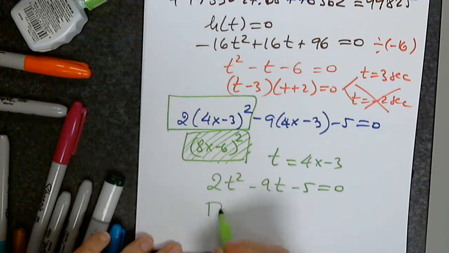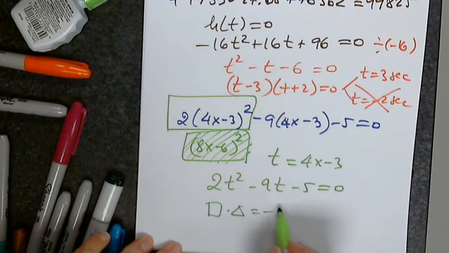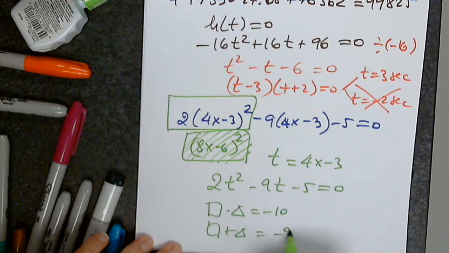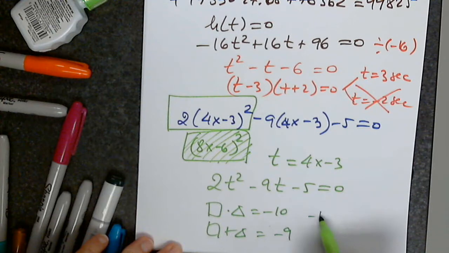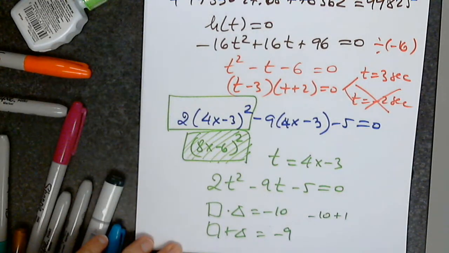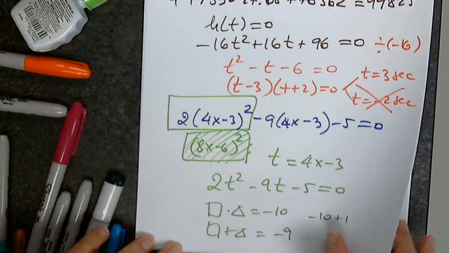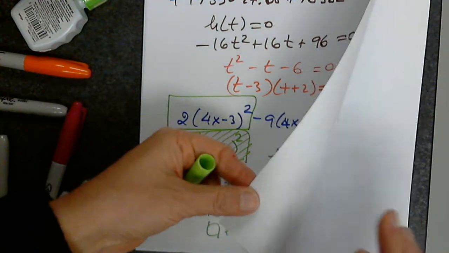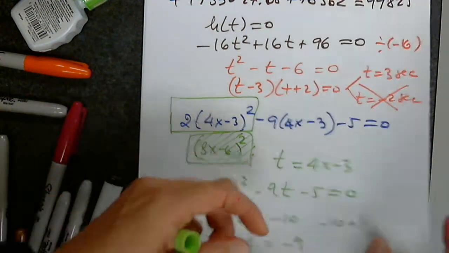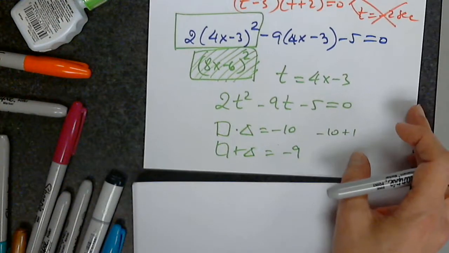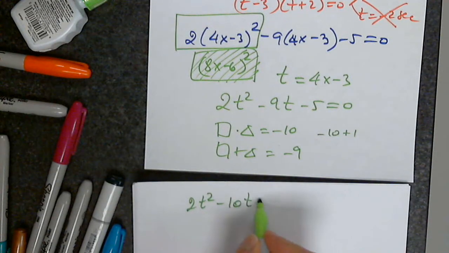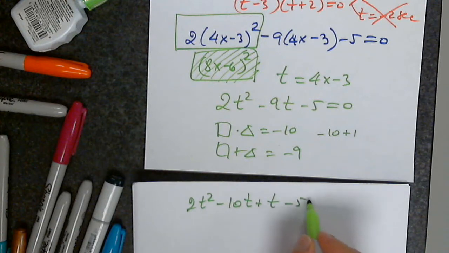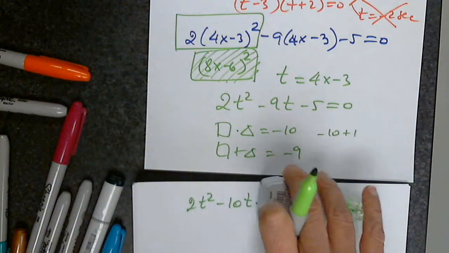Okay, so we are looking for two numbers whose product is negative 10 and whose sum is negative 9. And those numbers will be negative 10 and positive 1. So therefore, we have 2t squared minus 10t plus t minus 5 equals 0.